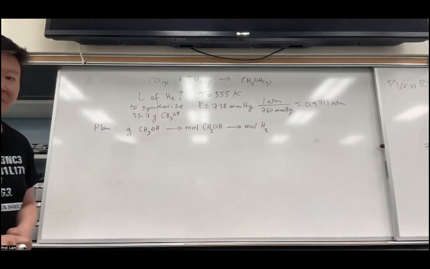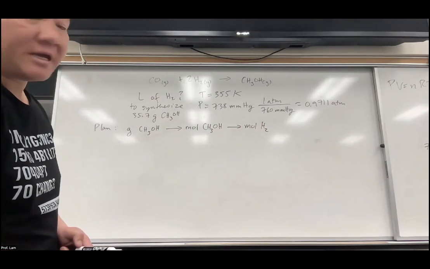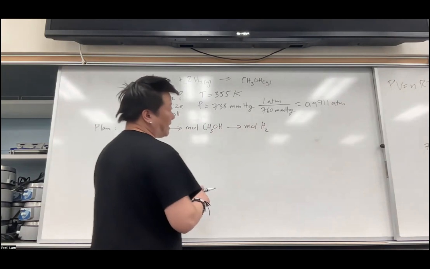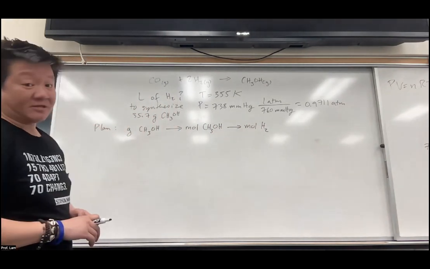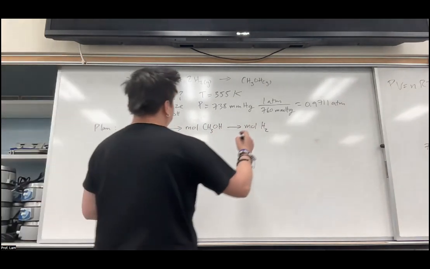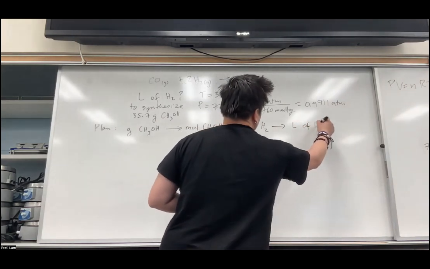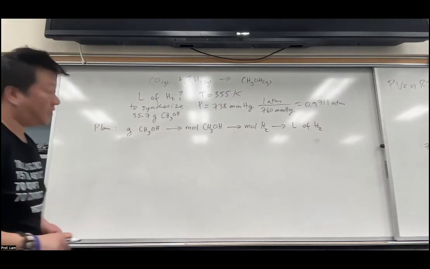Here we don't have STP, so we can't use that. We're going to have to use PV equals nRT. So moles of H2 go to volume of H2 in liters.